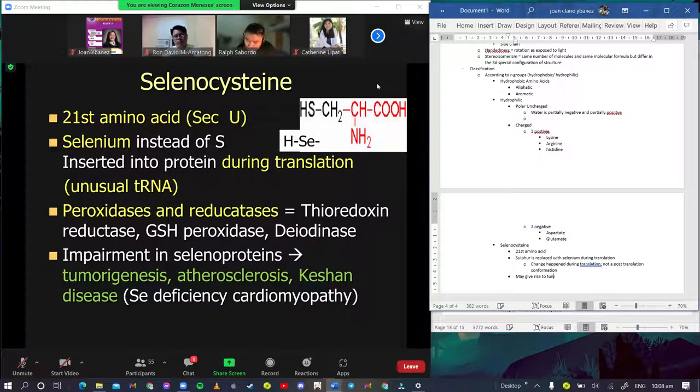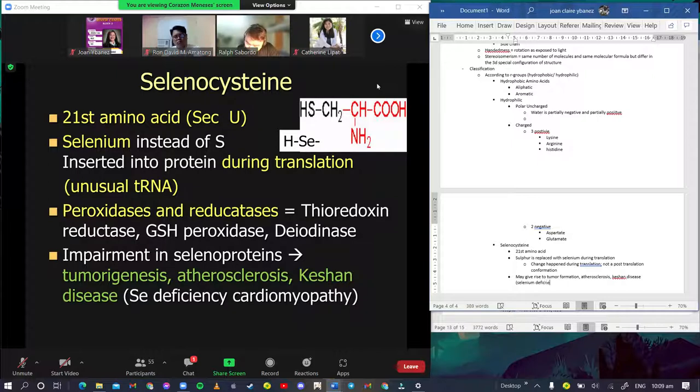But alarming would be atherosclerosis in the blood vessel wall, which will lead to a lot of abnormality or dysfunction involving your big as well as small blood vessels, and a specific selenium deficiency cardiomyopathy known as Keshan disease.